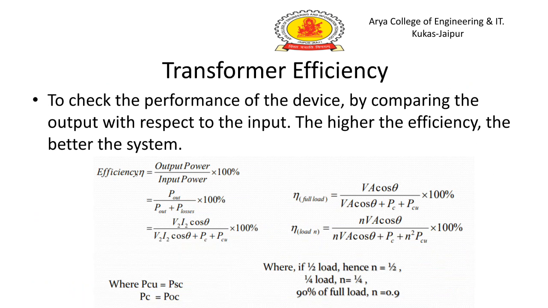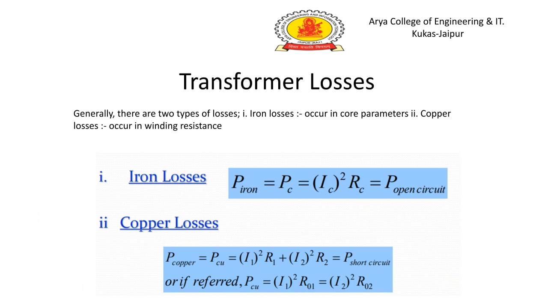This derivation is from the output voltage power: output P equals V I cos theta. PC is the power, copper losses PCu, core losses Pc. At half load, n equals half; at 90% of full load, at 0.9.